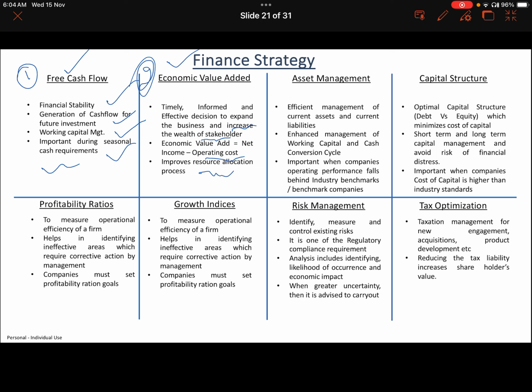Then asset management. One of the important expenses in any organization is investment in assets. Especially a manufacturing company will be investing in huge machinery, and better utilization of those assets becomes more and more important.